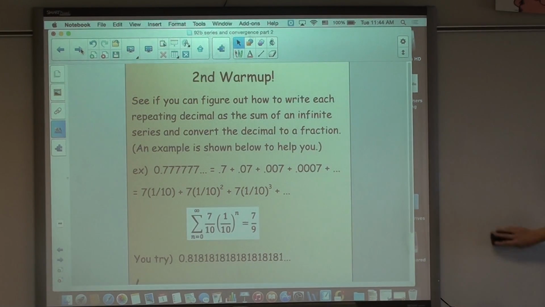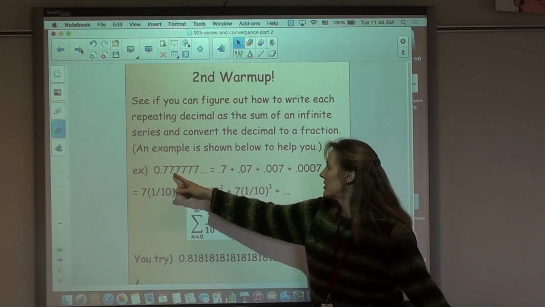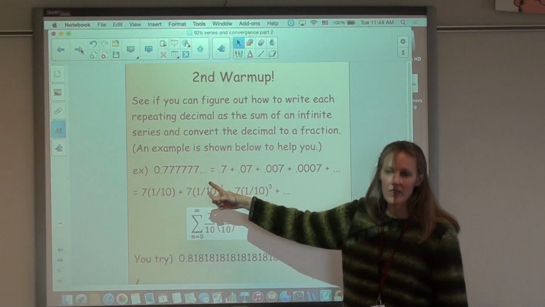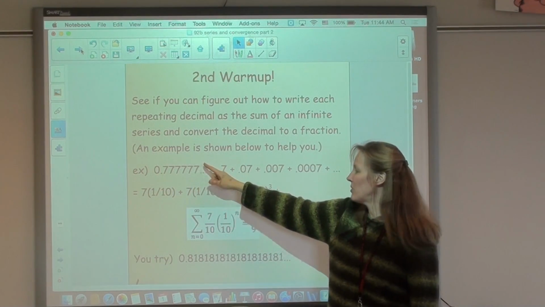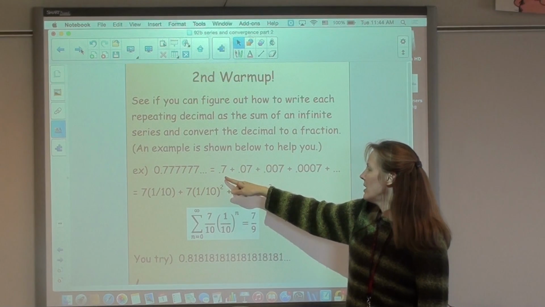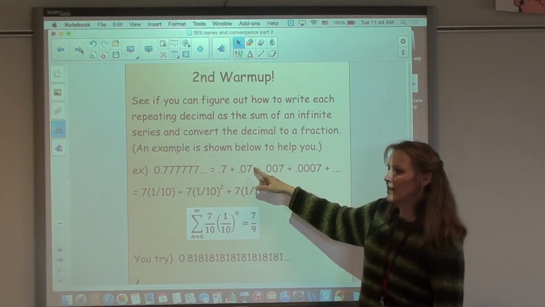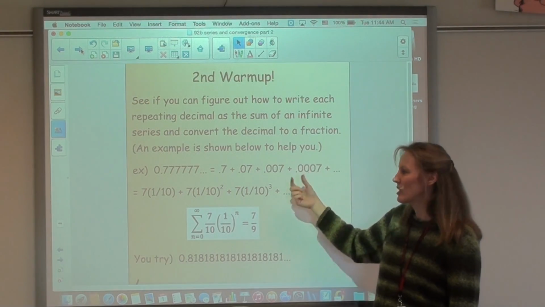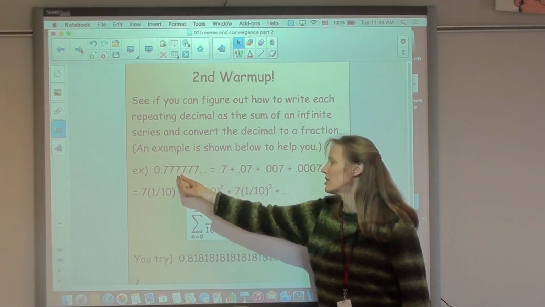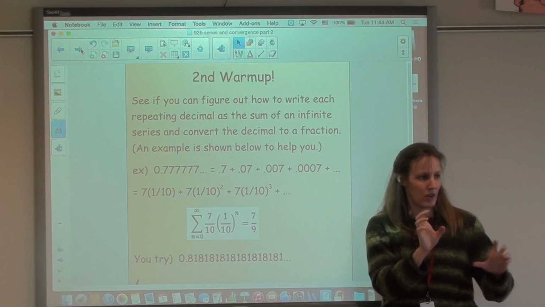So the first one that I'm showing you as an example is 0.777777 forever. And the way that you convert this to a geometric series is if you think of it as 0.7 plus 0.07 plus 0.007, right? You're actually adding each digit with its new place infinitely.